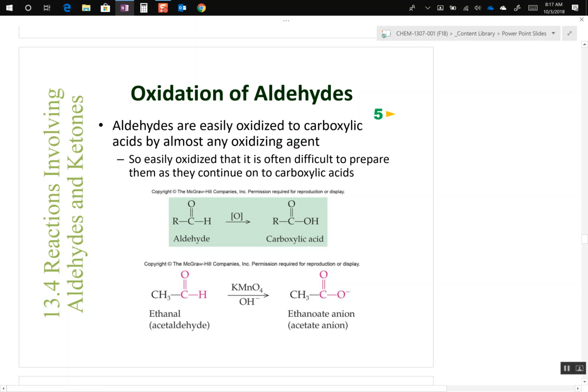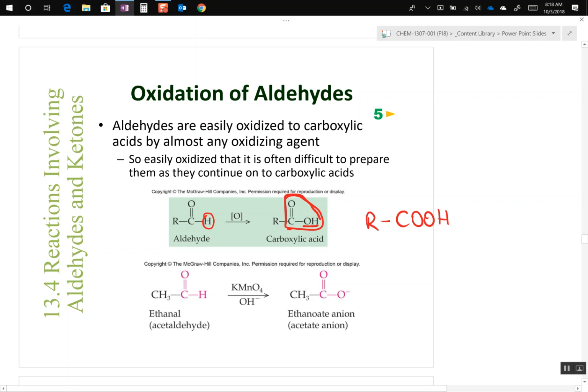If you oxidize an aldehyde, you will pick up an OH group in place of that hydrogen. You'll get this OH. And if you have a COOH group, which has this general structure to it, that's what we call a carboxylic acid.